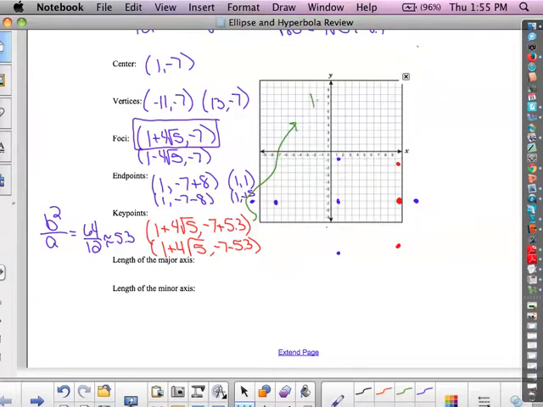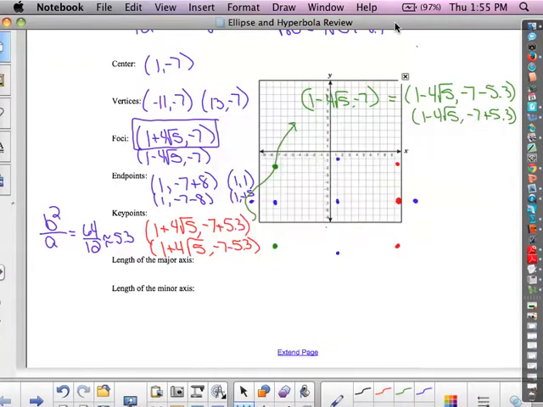So my foci, 1 minus 4 root 5, negative 7. Now I'm going to go to that focus and add and subtract 5.3 from the 7. That's going to give me (1 minus 4 root 5, -7 minus 5.3), which will be here, and then (1 minus 4 root 5, -7 plus 5.3), which will be here. And then I have enough information to go ahead and sketch in the ellipse.